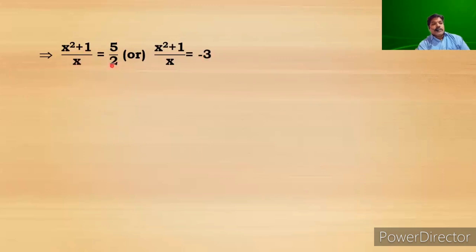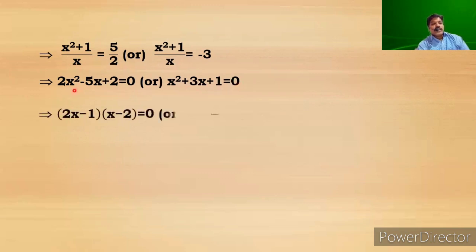Take the cross multiply and simplify this equation and take all the terms to one side. What happens? 2x square minus 5x plus 2 is equal to 0, or take this minus 3x to this side and take the term to this side. It will become x square plus 3x plus 1 is equal to 0.